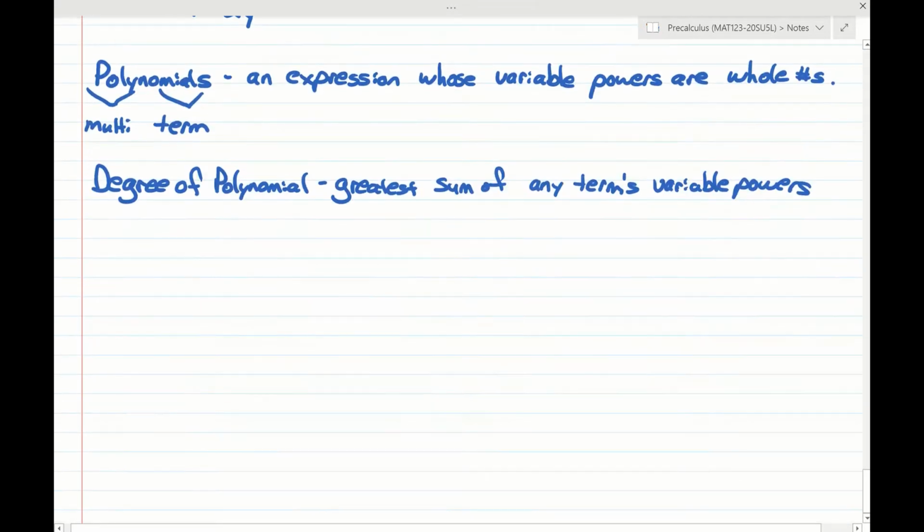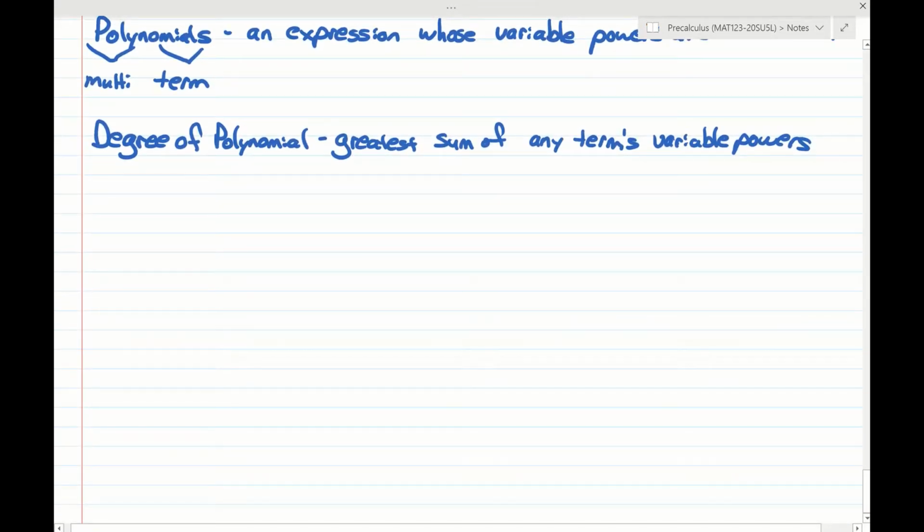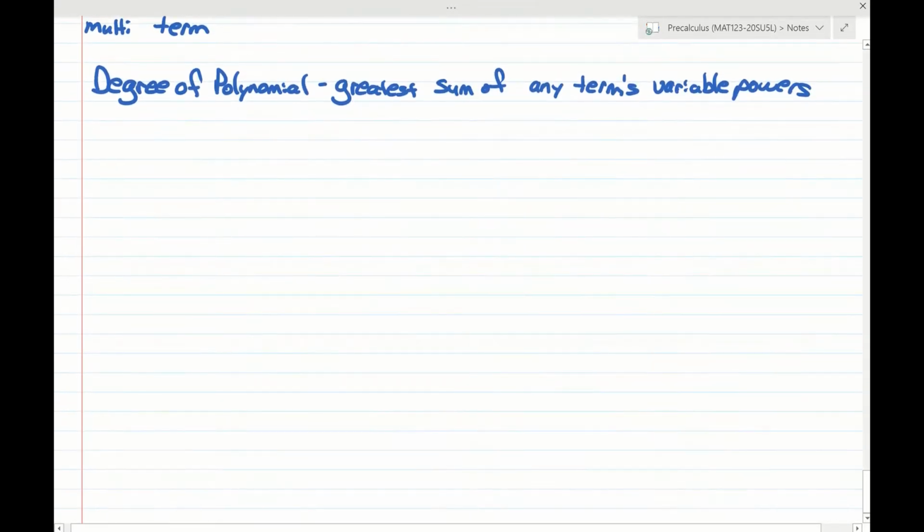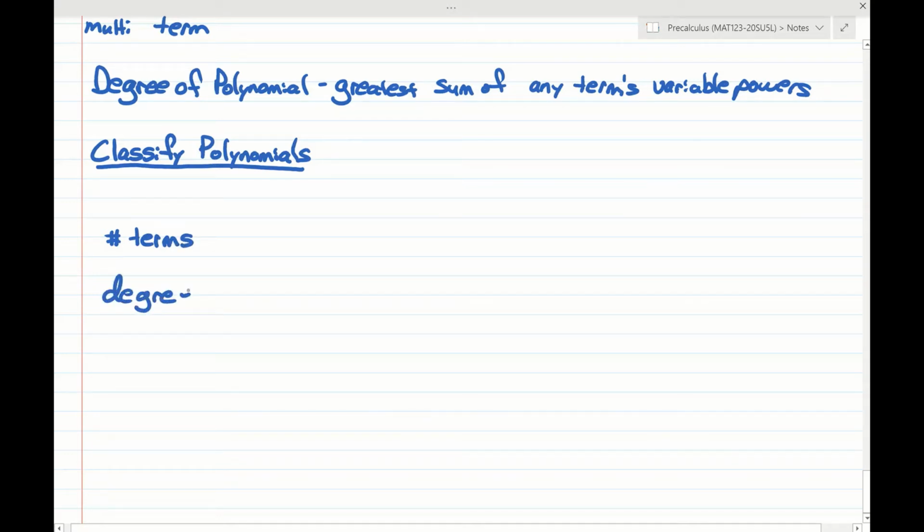So first thing let's do is let's just make a chart. And with the chart, we'll be able to classify polynomials based on their number of terms and on their degree. So in this chart, let's have 0, and we'll go up to 3.